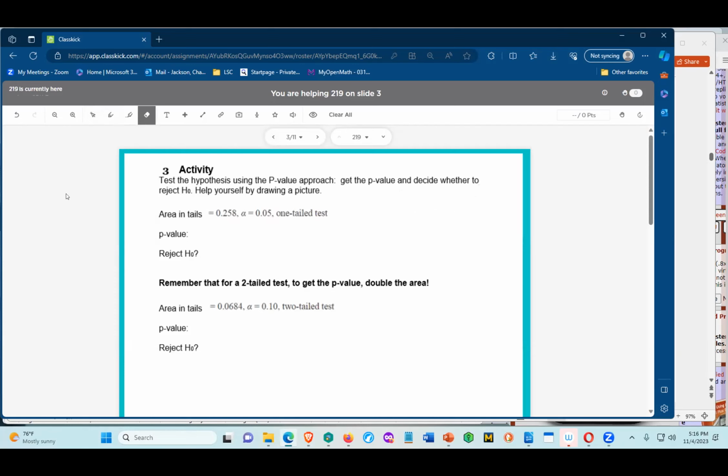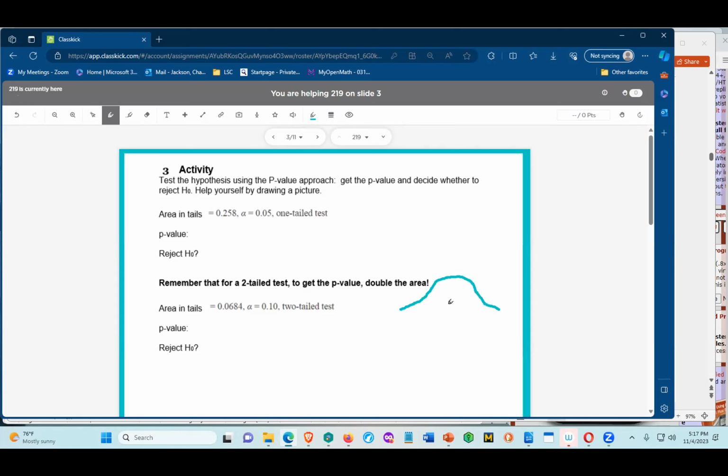save people from confusion and frustration about this whole thing about, for a two-tailed test to get the p-value, double the area. So here we've got this situation.